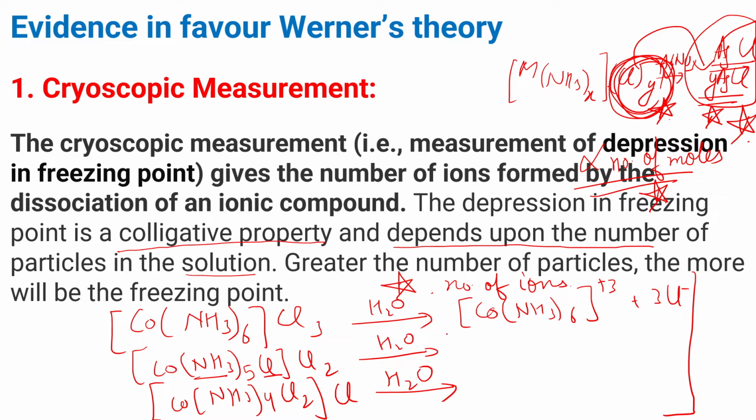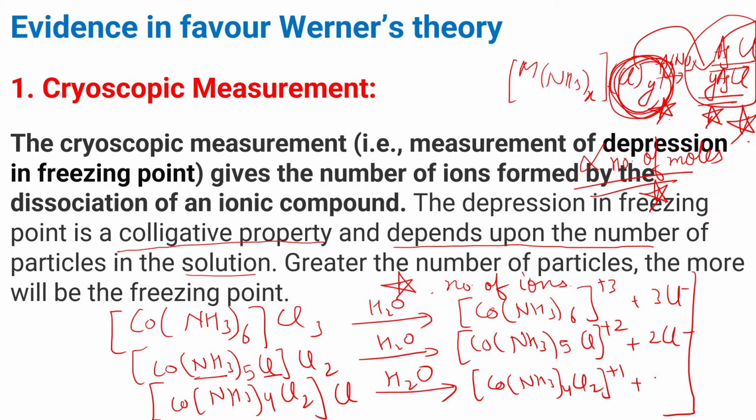Here the dissociation will be cobalt ammonia 5Cl; this inside chloride will not dissociate, so it will give 2Cl minus. Cobalt ammonia 4Cl2 plus will give 1Cl minus ion. So these will be the dissociation patterns.